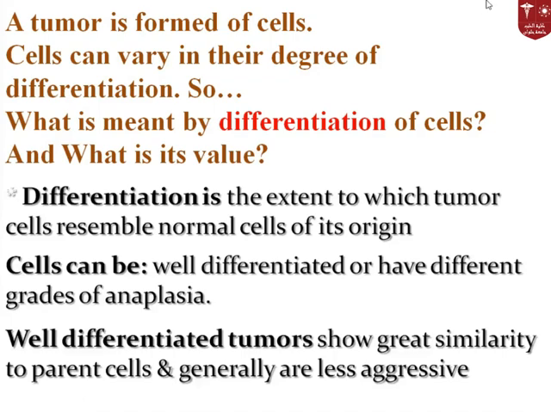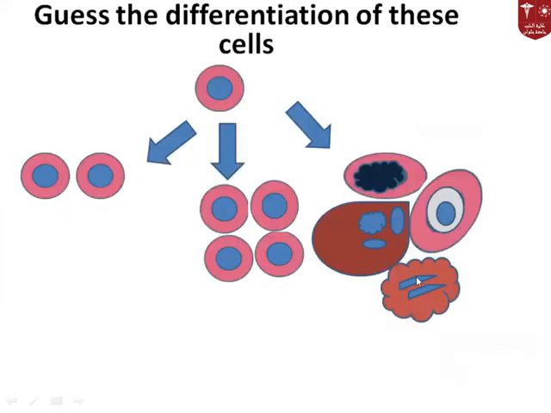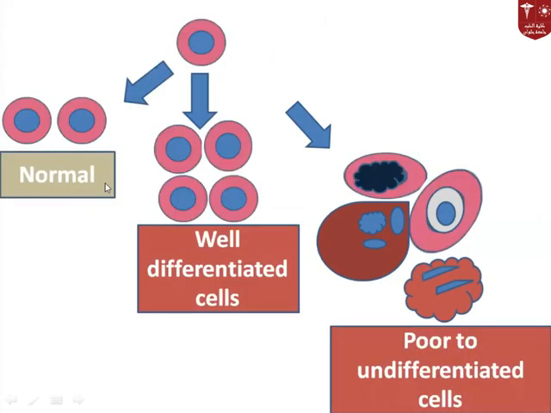So let's see here. Let's see the possibilities of differentiation. This cell, the original cell, gave two similar cells. This is mitosis, this is normal growth.